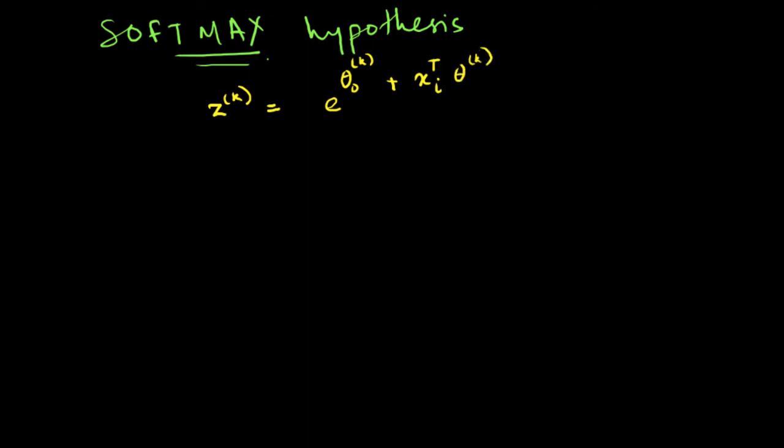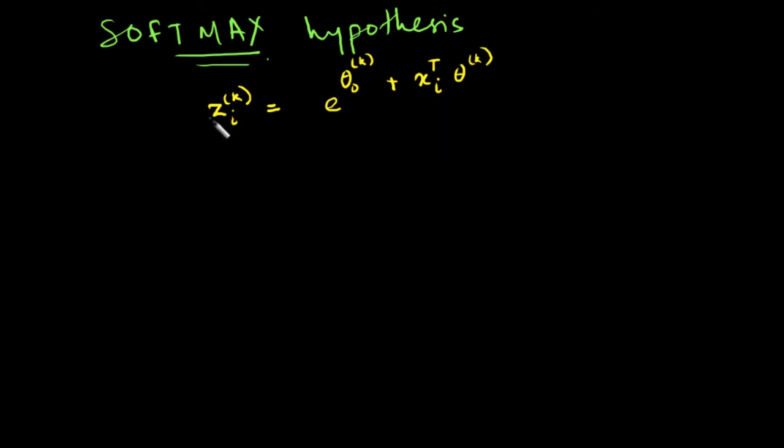So here also you have an i. So this superscript k represents the category. So for each category we have these parameters, and this i represents the input data point.